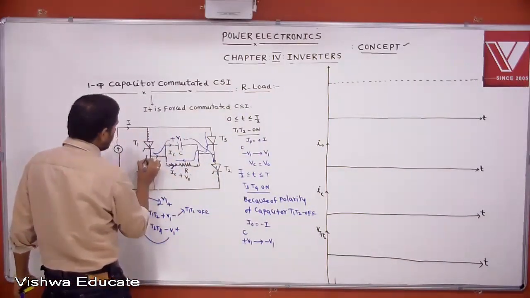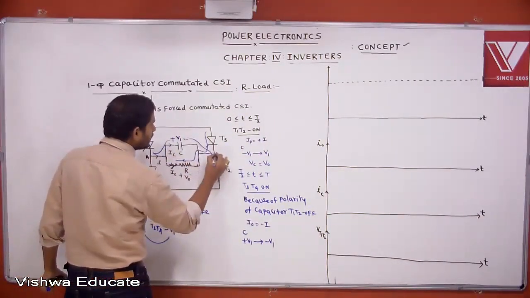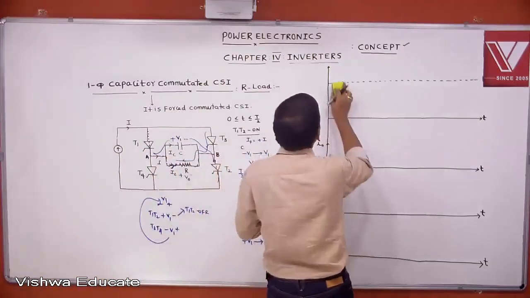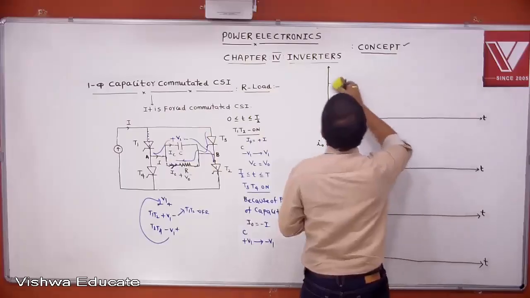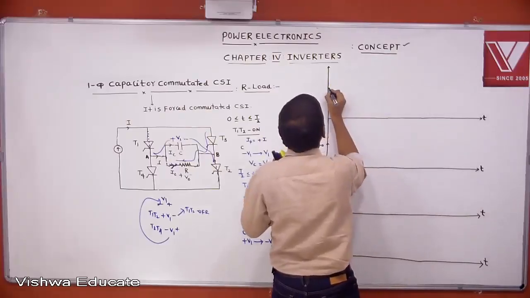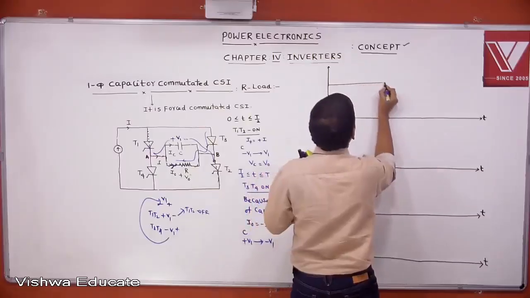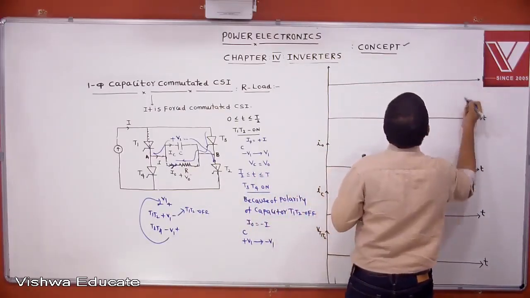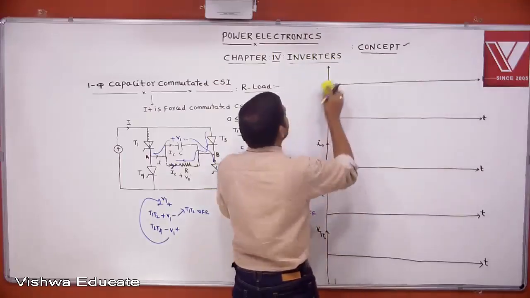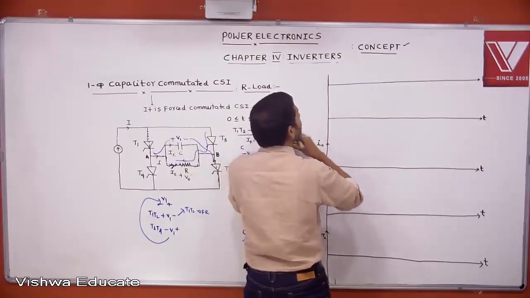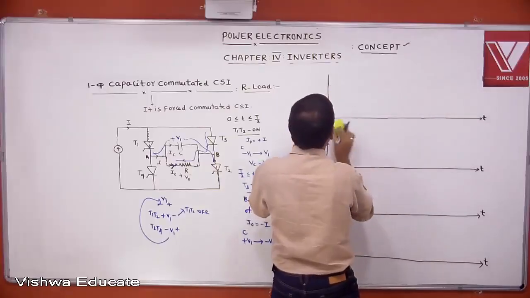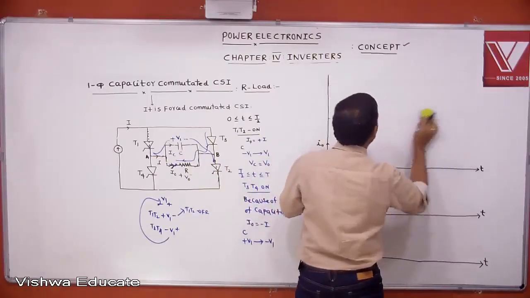Let this be A, this be B. If I am drawing, this waveform is the IAB waveform.